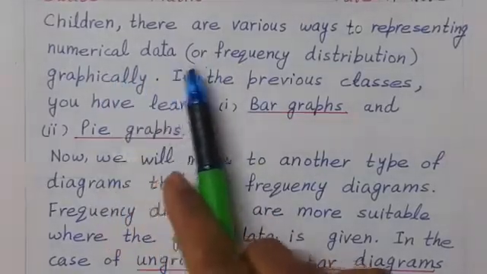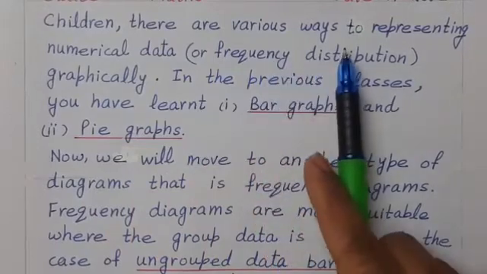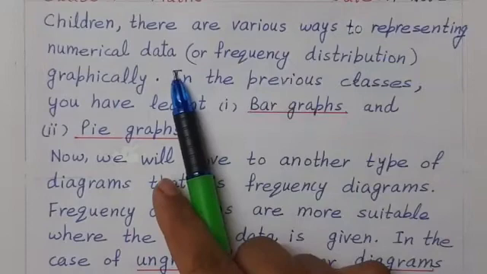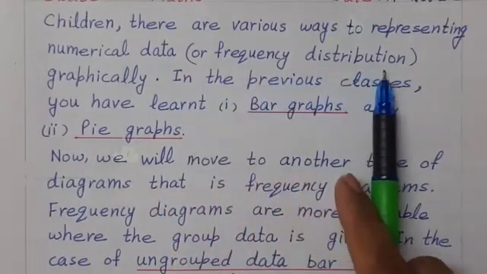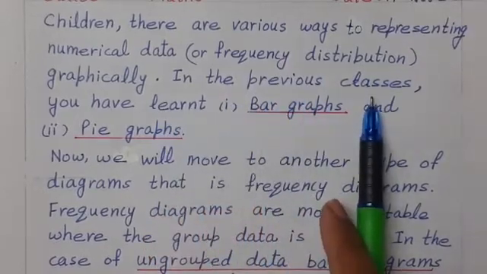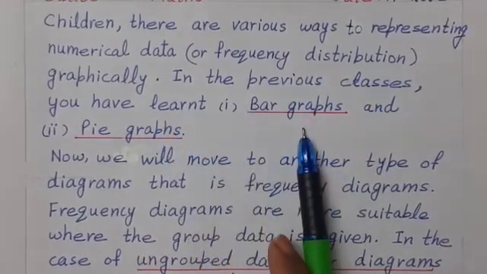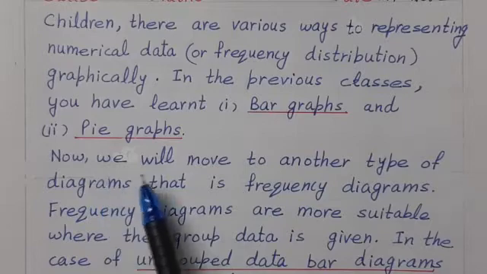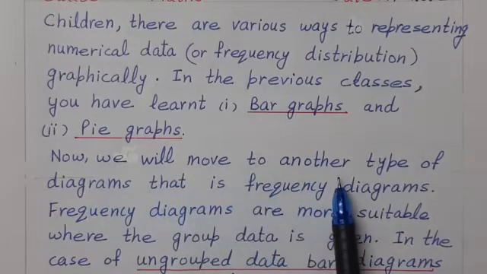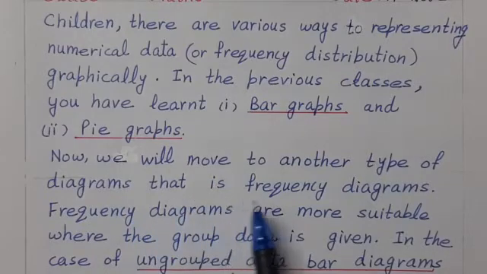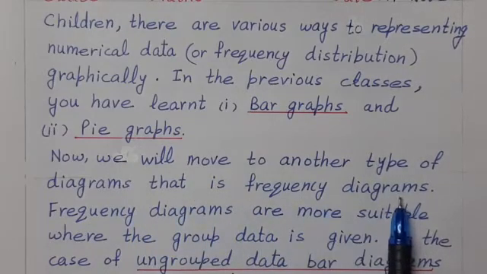Children, there are various ways to represent numerical data or frequency distribution graphically. In the previous classes, we have learned bar graphs and pie graphs, right? Now, we will move to another type of diagrams, that is frequency diagrams.